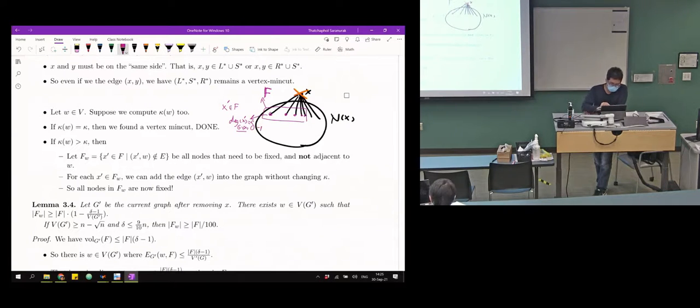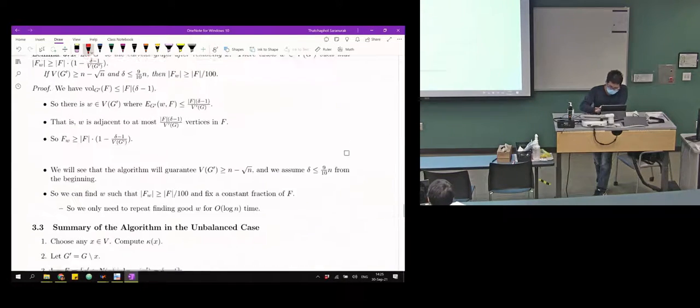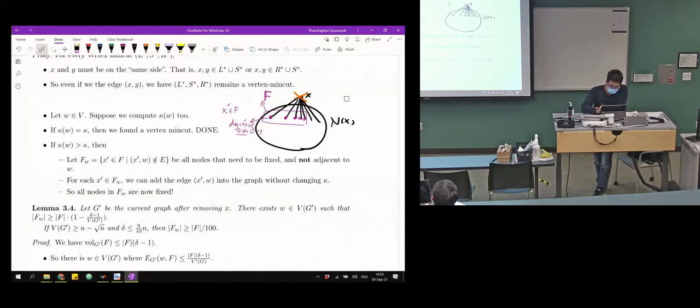But how do I fix this thing? How do I increase the degree of the guys in F? Well, suppose that I just choose any node W, any node which is not X, yeah, any node at all. And then I compute kappa of W. Then there are two cases again, right?